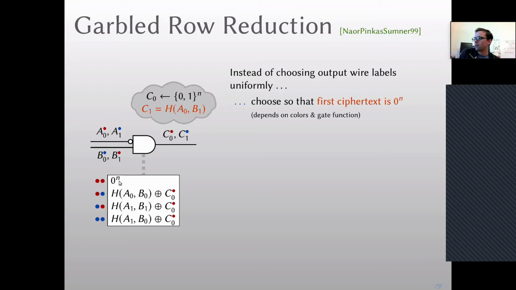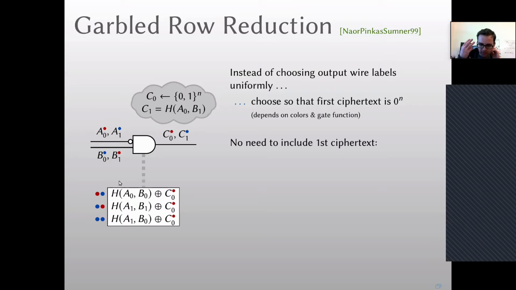But if I'm garbling a circuit and you know that I'm going to choose the wire labels in this way, it's wasteful for me to just send you all zeros. You know that I chose the wire labels so that the first ciphertext is all zeros. I don't actually have to send it to you, right? It's redundant. It's public knowledge that the first ciphertext is all zeros.